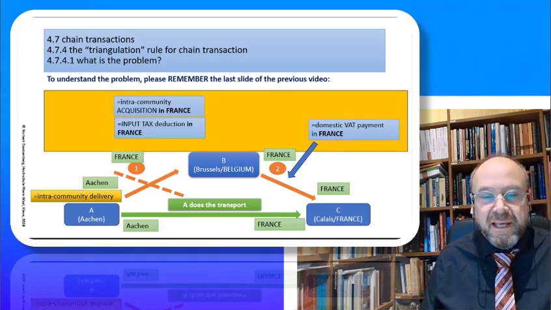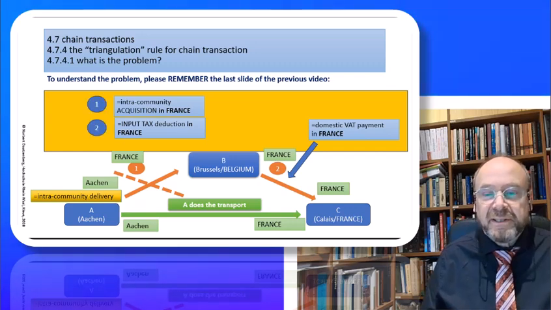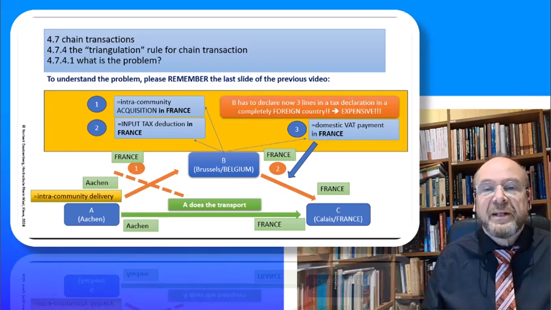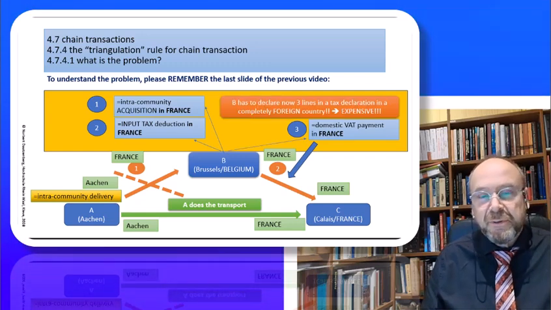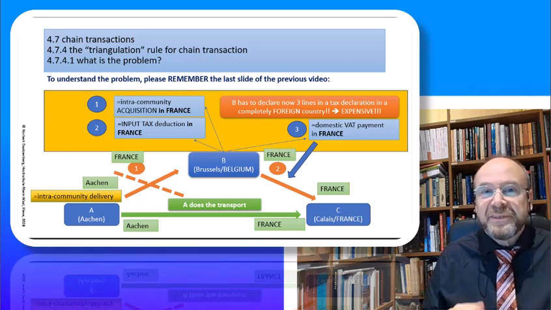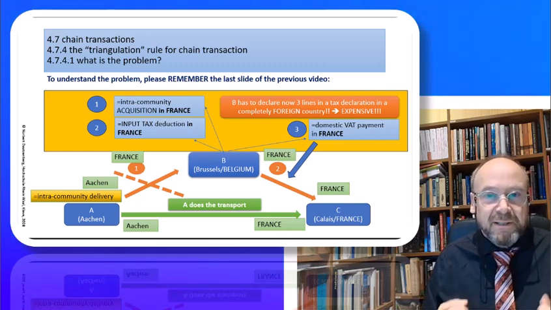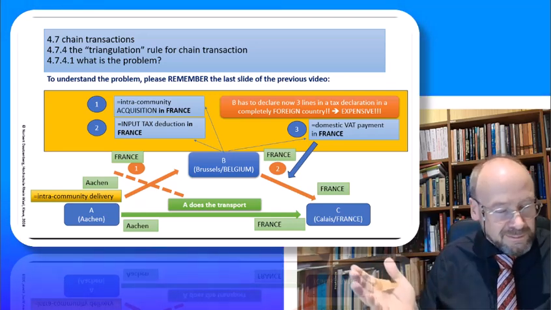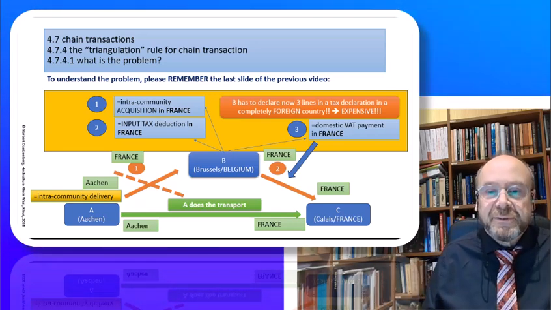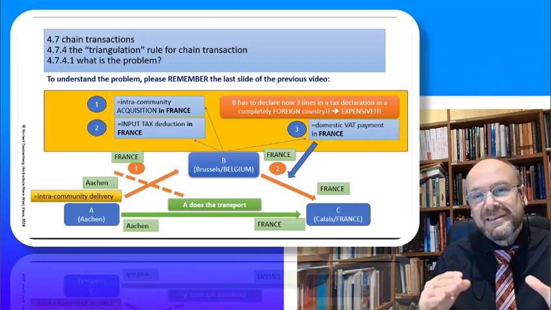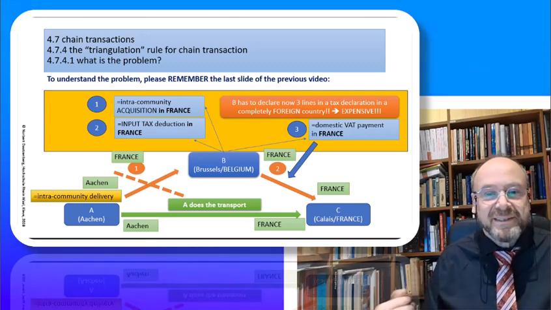So that means that our guy has three things to declare in a French tax declaration. That means he needs to bother about how to fill out a French tax declaration, needs a taxpayer number from France, needs a tax advisor from France, all that stuff. So that's highly expensive. Several thousand euros will result as administrative costs from that single transaction.